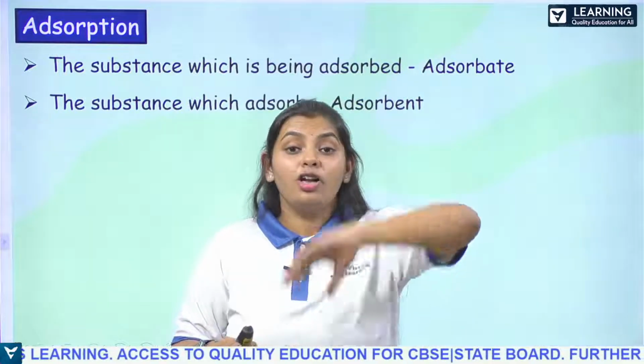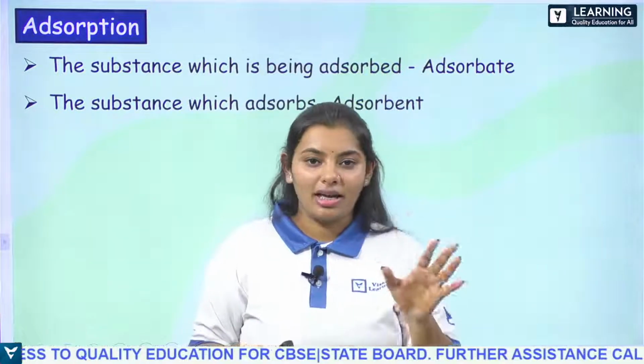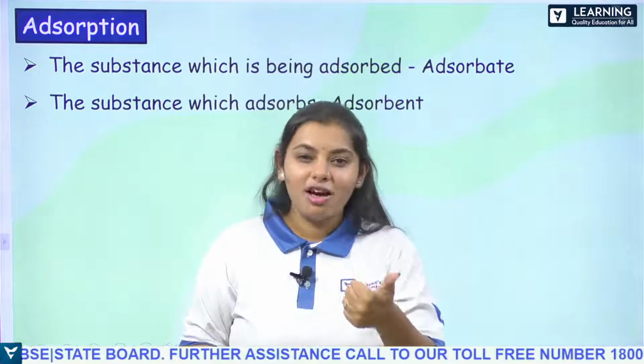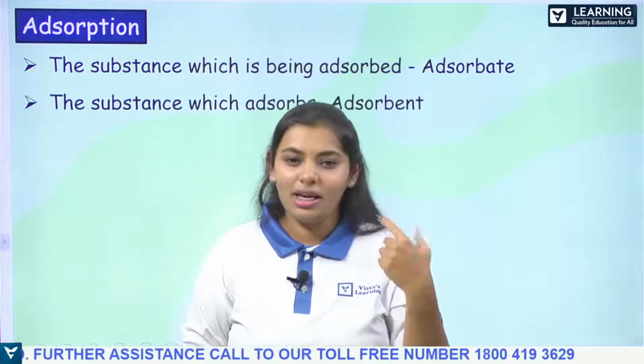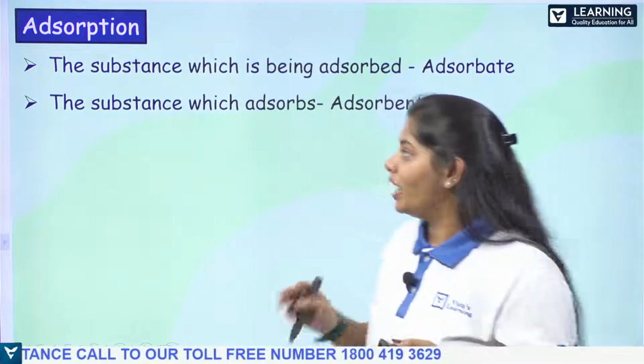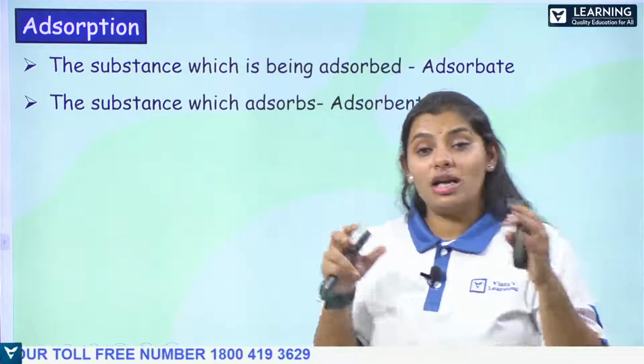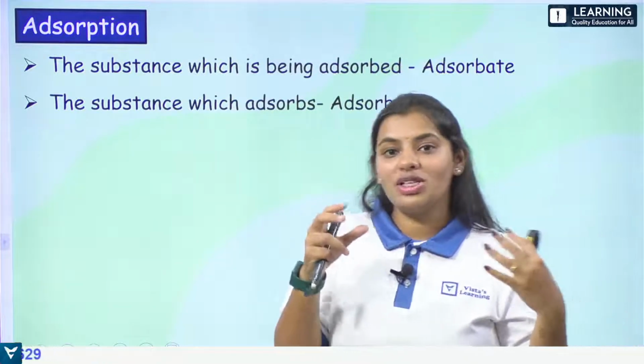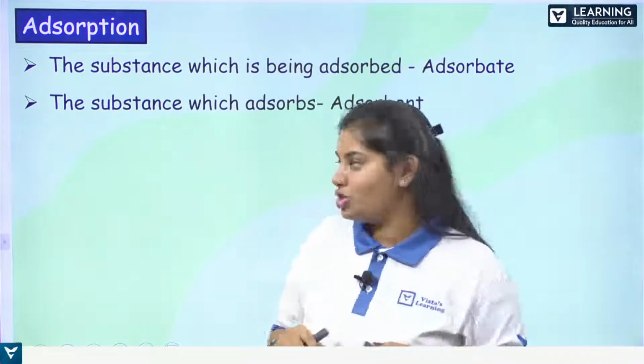Otherwise, it will be like a new term we are learning. If you relate it to what we have already studied, it will be easier to remember and recall. Clear, students? So we understood what adsorption is and what absorption is. Now we will see the forces acting between them.